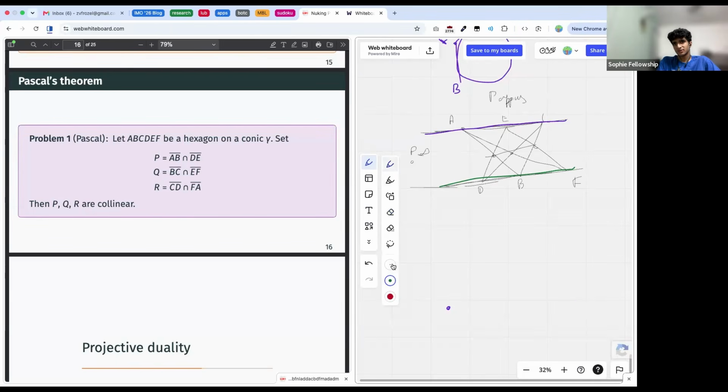And you will have a purple point and a green point here. So instead of a point A that lies on the purple line, we're going to have a line A that passes through the purple point. And we'll have line C, E, and line B, D, F.